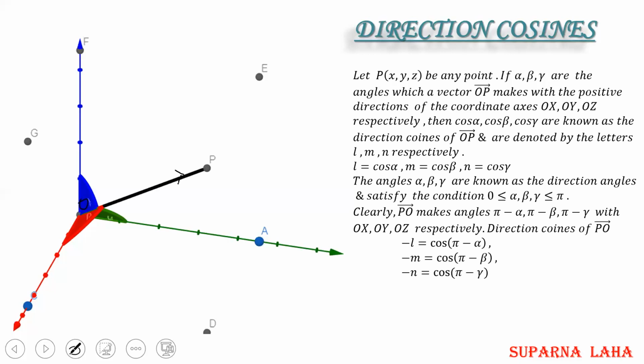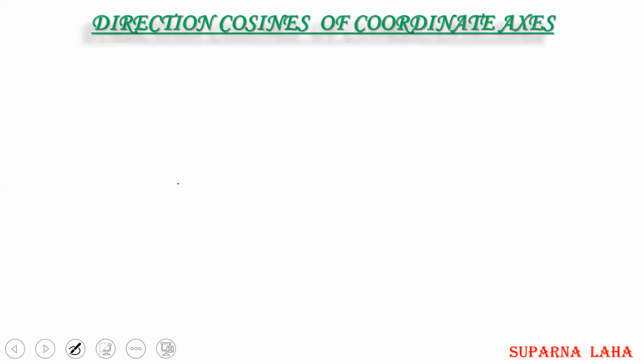That is, cos of pi minus alpha equals minus cos alpha, that is minus l, then minus m and minus n. So if we change the direction of a line or a vector, the direction angles and the direction cosines change. This is called direction angles and direction cosines. Now let's talk about the direction cosines of the axes, the x-axis, y-axis, and z-axis.